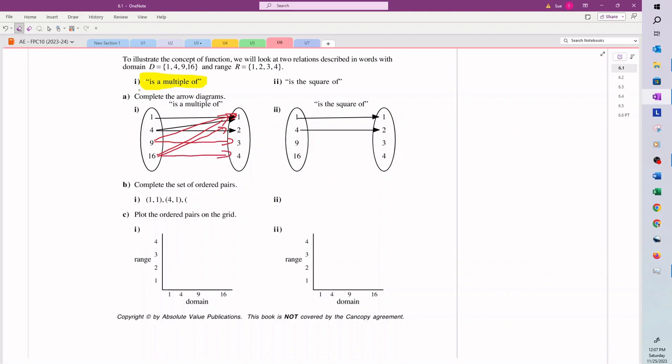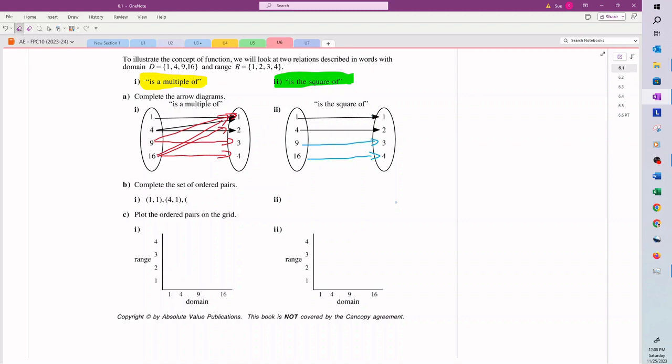Now, I misspoke because these are not both functions. This one, in fact, is not a function. If we come over and look at this other relation, which is what I should have said before, this relation is "the square of," because there's only one square for each number. So 1 is the square of 1, 4 is the square of 2, 9 is the square of 3, and 16 is the square of 4.